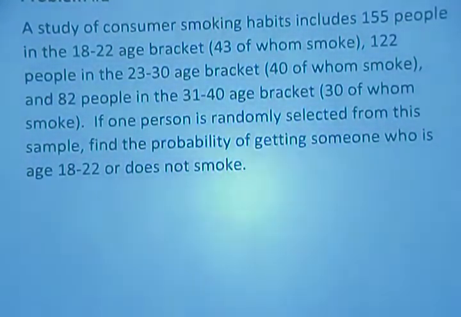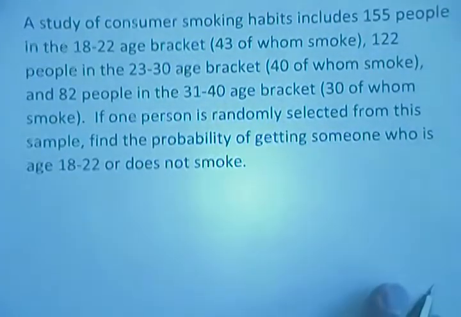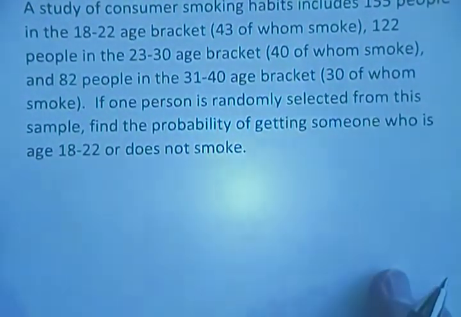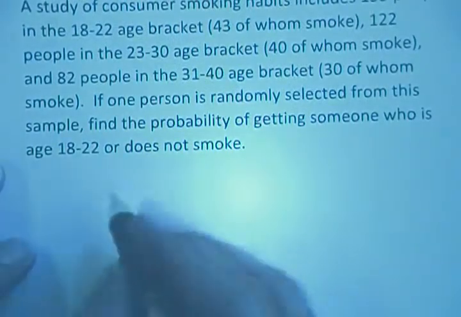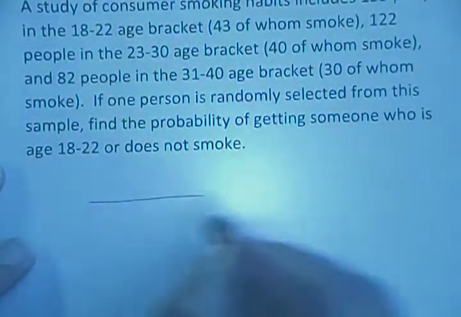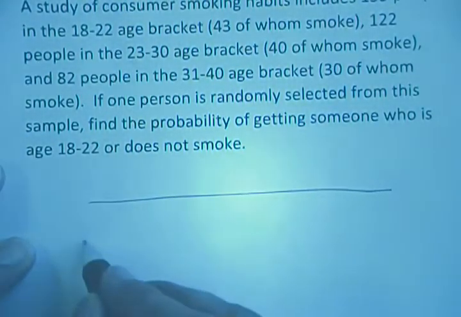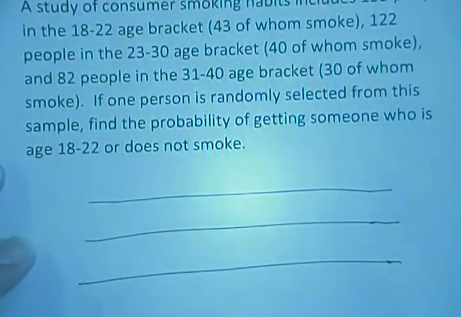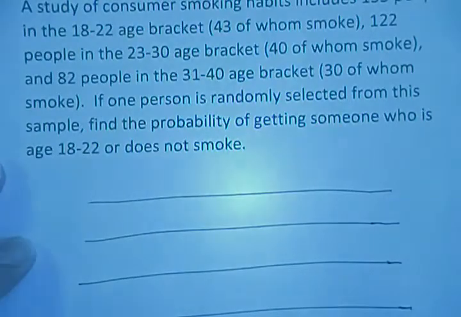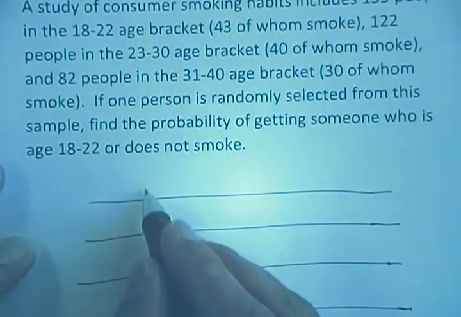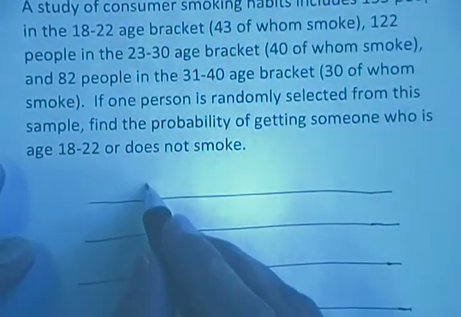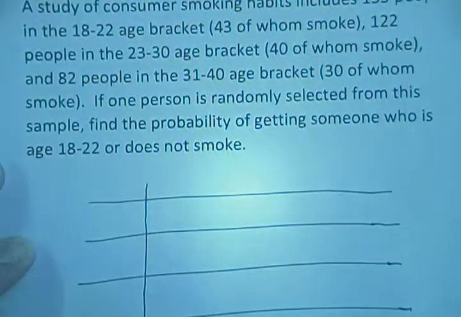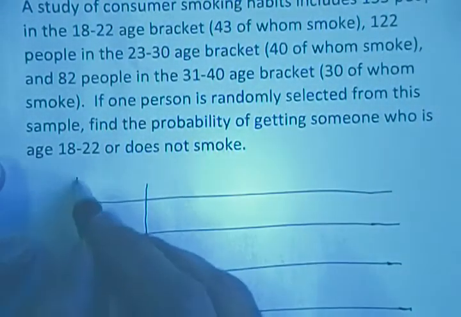We have these three age brackets, so let me make these three rows. Say this first column is for age brackets, so I would write here age bracket.